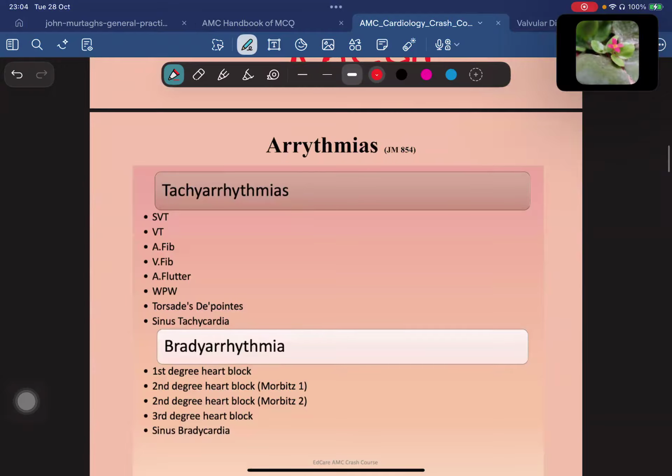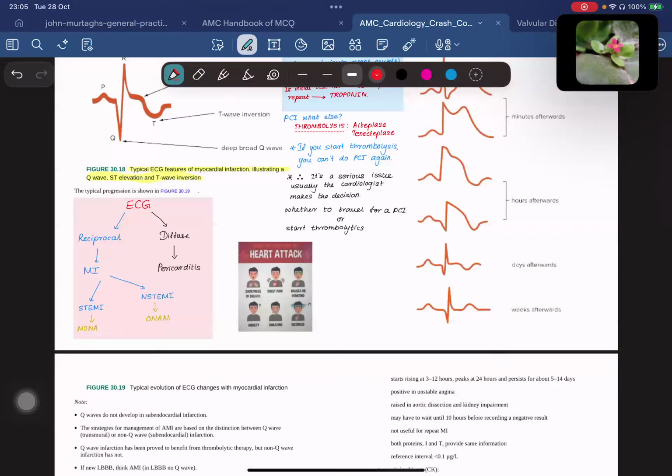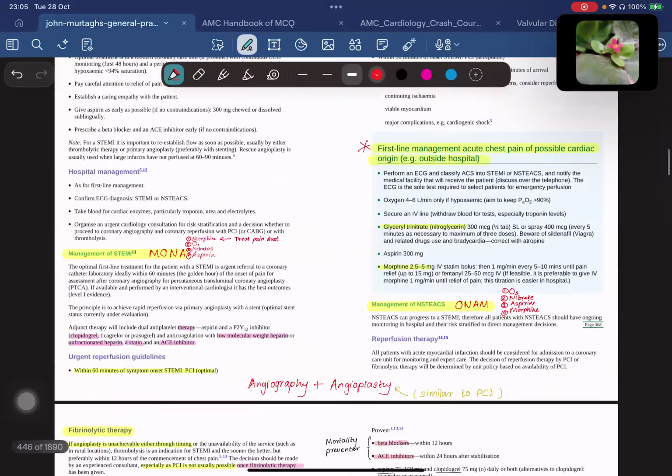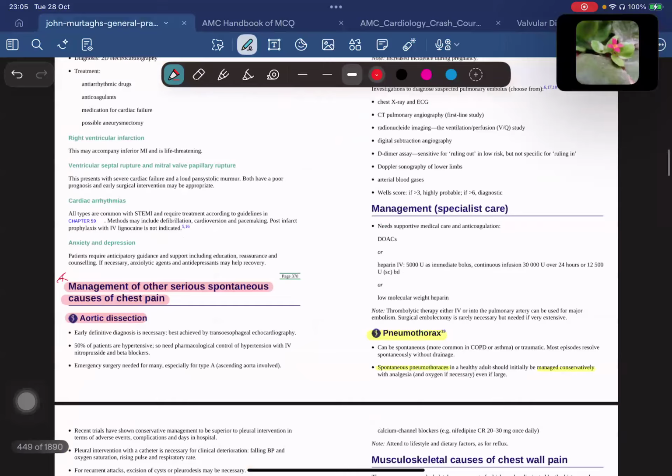Let's get to arrhythmias. Arrhythmia is again in John Murtagh, page 854. So let's try to go to that.